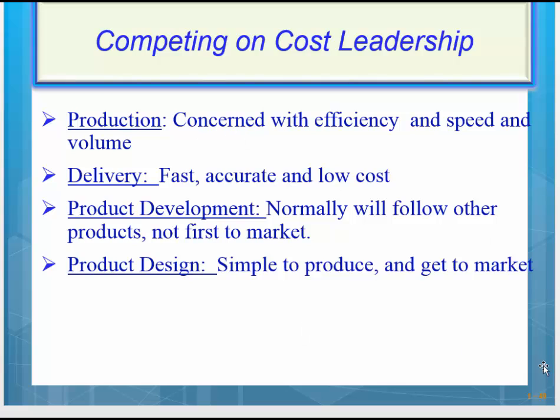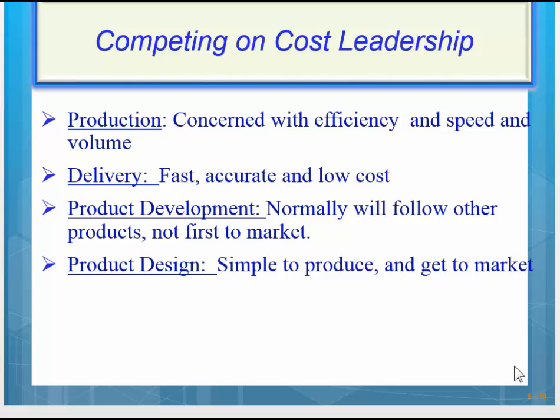We want to deliver fast and accurately at a low cost. Product development wise, we normally let somebody else develop the product and we just copy it. We don't need to be too concerned with innovation. And then we want to simplify our production so that we can produce it, get it to market, and it can be cheap, because we're competing on cost leadership after all.